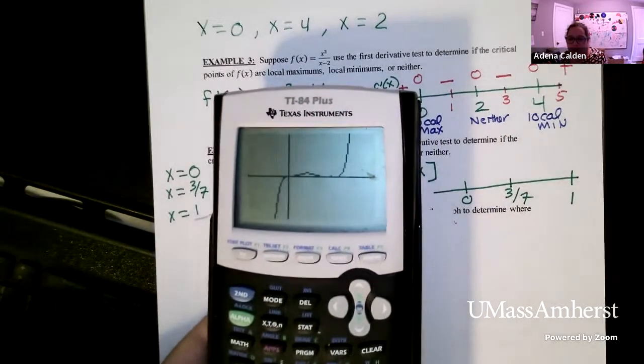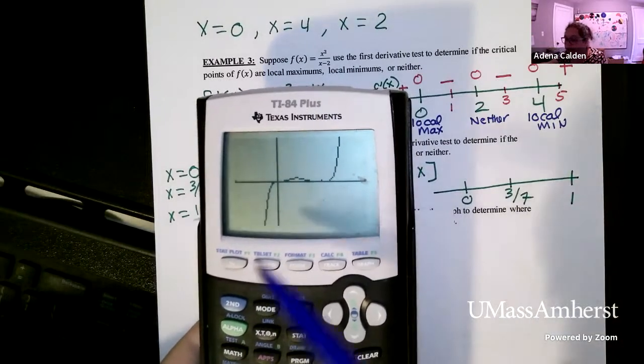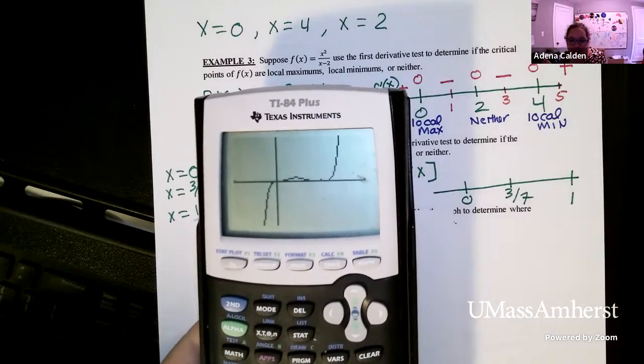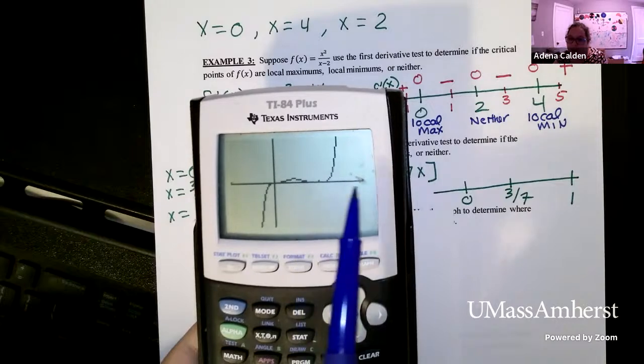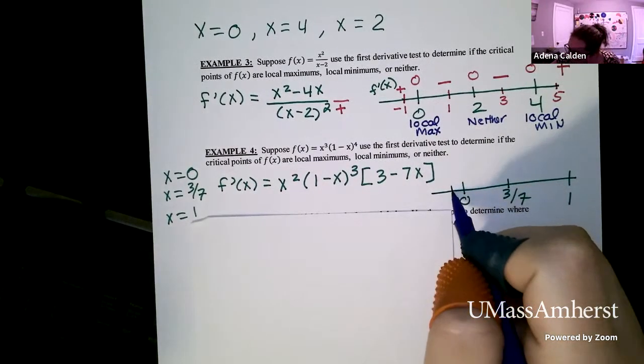It was a little weird, a little goofy. So something goofy is going on at 0, right? Because it's kind of increasing and then increasing again. So we're expecting something weird at 0, probably a local max at 3/7 and a local min at 1. So let's see if that shakes out with our analysis here. Okay, so we're going to pick something slightly to the left of 0.